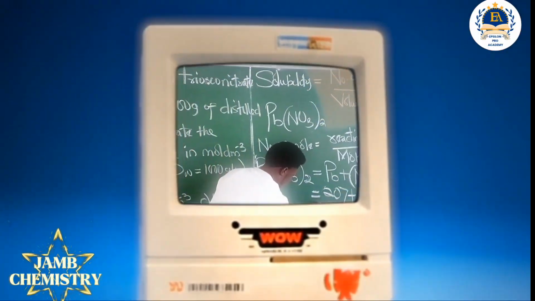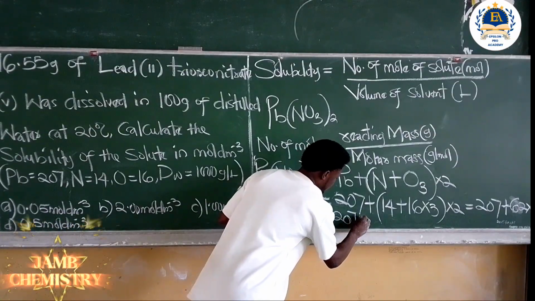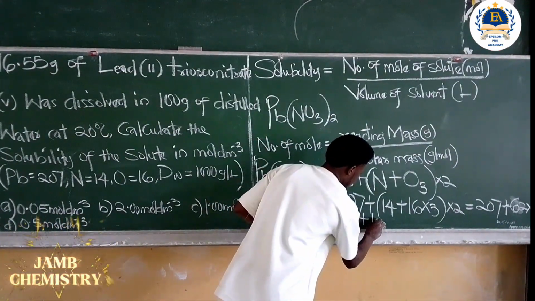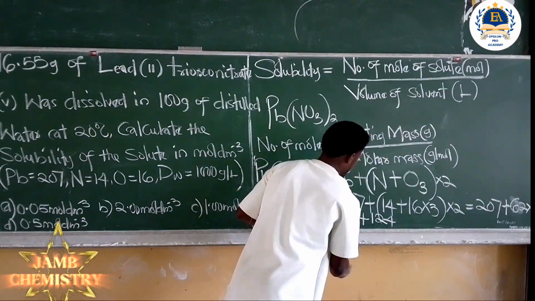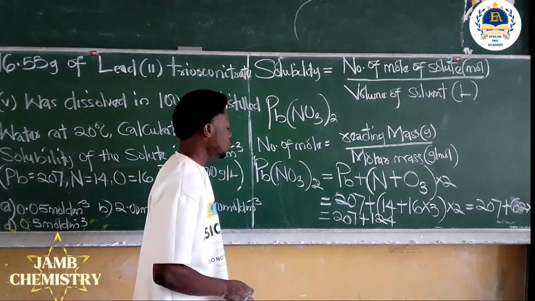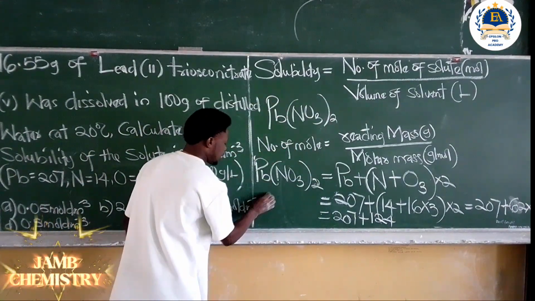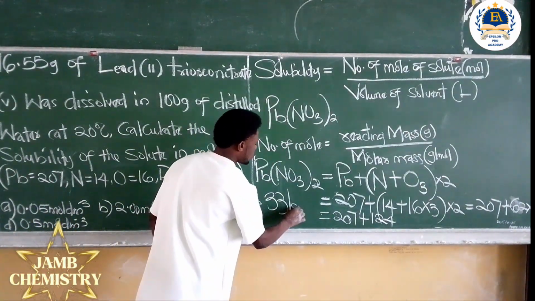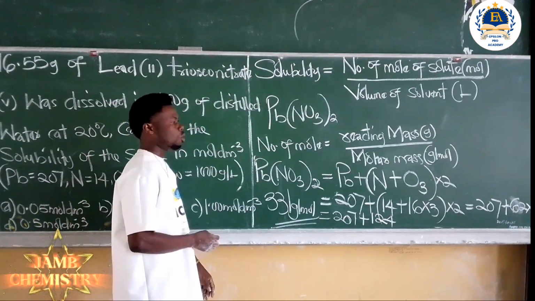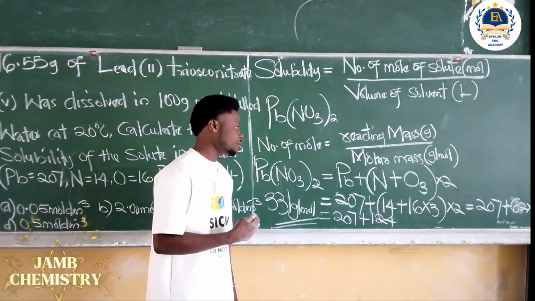So we have 207 plus 62 times 2, which is 124. 207 plus 124 gives 331. 331 gram per mole of lead(II) trioxonitrate(V).